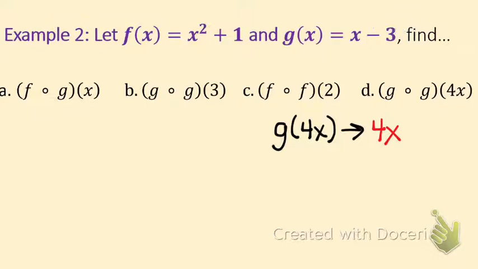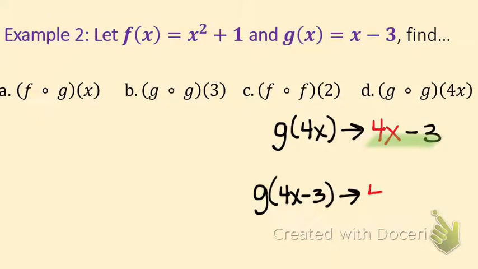And then minus 3. Now, is there anything that I can do here? So I don't have any operation I can do. So this is what I get. This is my answer. And now I'm going to take that answer and put it back into the g. So that's my first answer. Now we're going to take that and put it back into your g function again. So that would be 4x minus 3, and then minus 3 again.